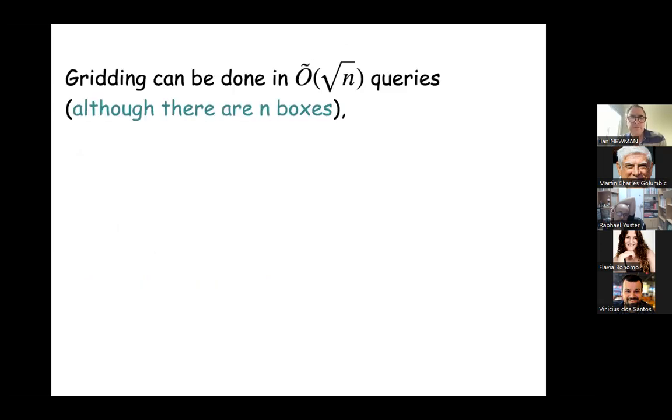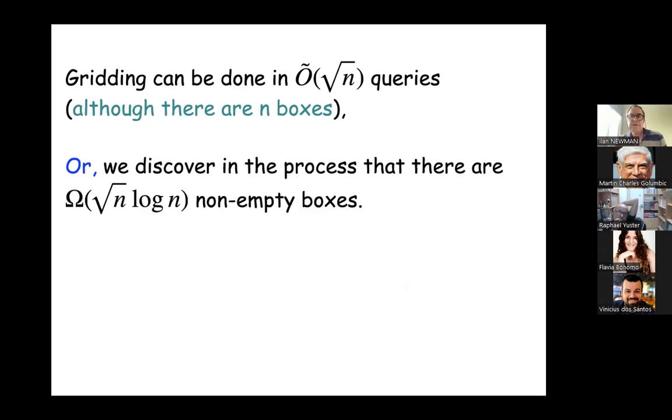If you didn't really get it, it doesn't really matter. So we either find out that there are at most essentially square root of n non-empty boxes, or there are much more than square root of n log n boxes, and then something wrong is happening for us. But let's see what we are going to do in this case.